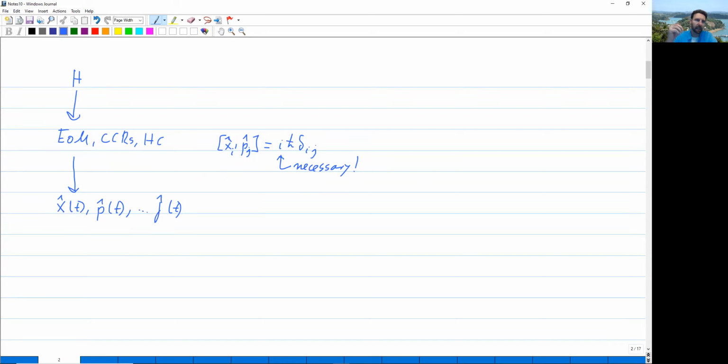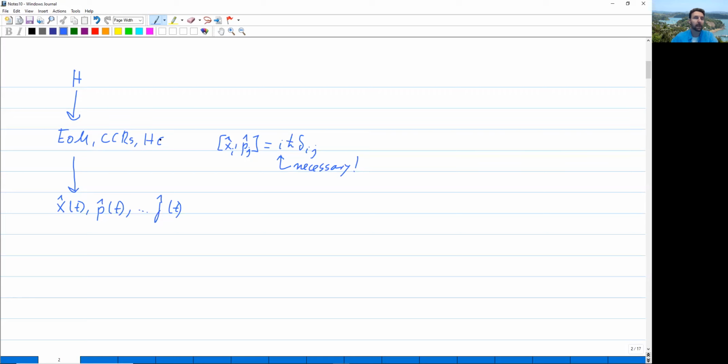And so we said, okay, we need to solve for x hat of t and p hat of t, and we know they can't be number valued, so what can they be valued? Well, they're going to be map valued. And we found that, luckily, it suffices to consider the case of linear map valued x hat of t and p hat of t. So that's what we found.